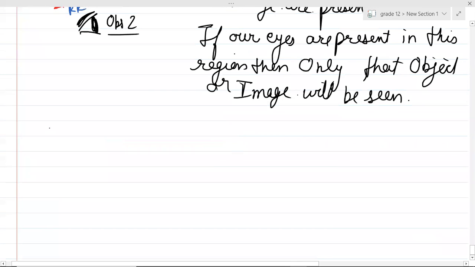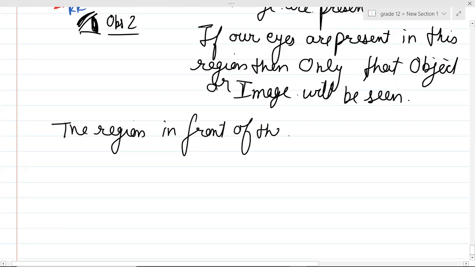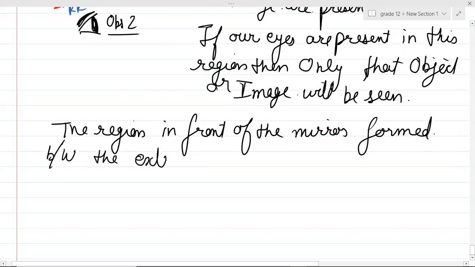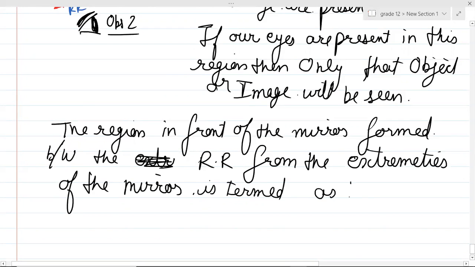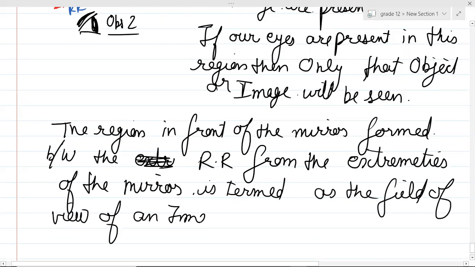Okay? So how exactly will we define it? The region in front of the mirror formed between the reflected rays from the extremities of the mirror is termed as the field of view of an image in a mirror.